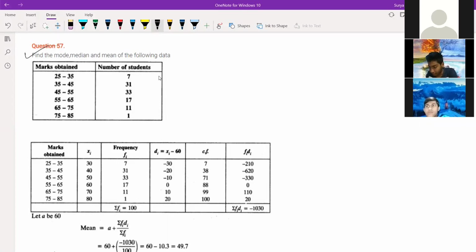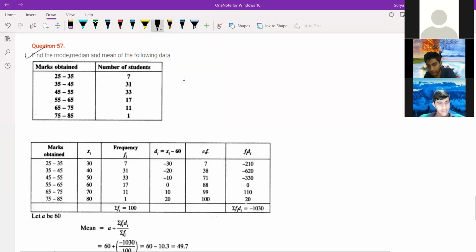Samarth, you tell the formula for median. Sir, so we have to find mean or all three? Okay. Samarth, what is the formula for median? Sir, I actually cannot remember it.